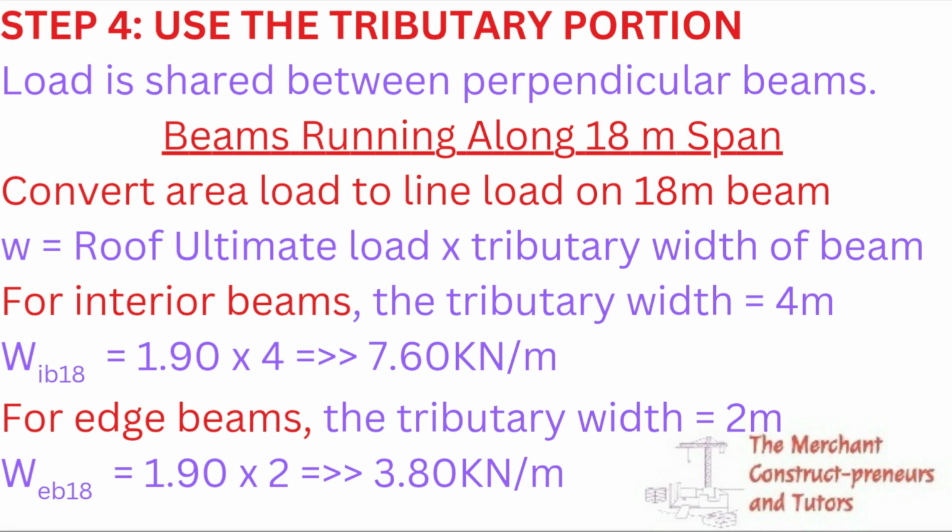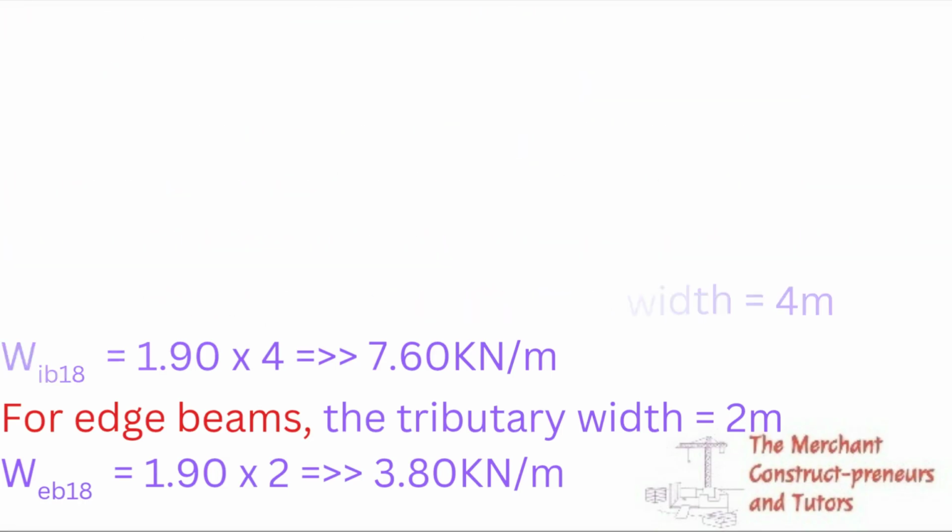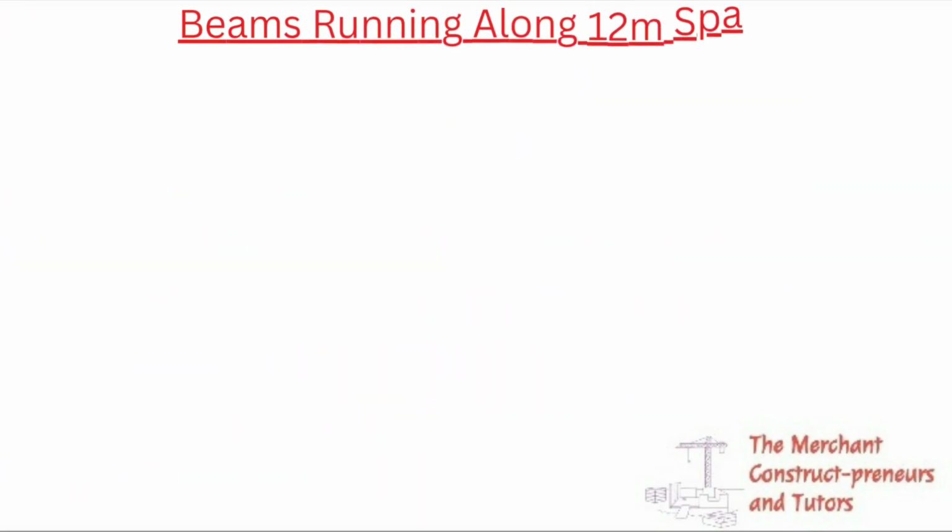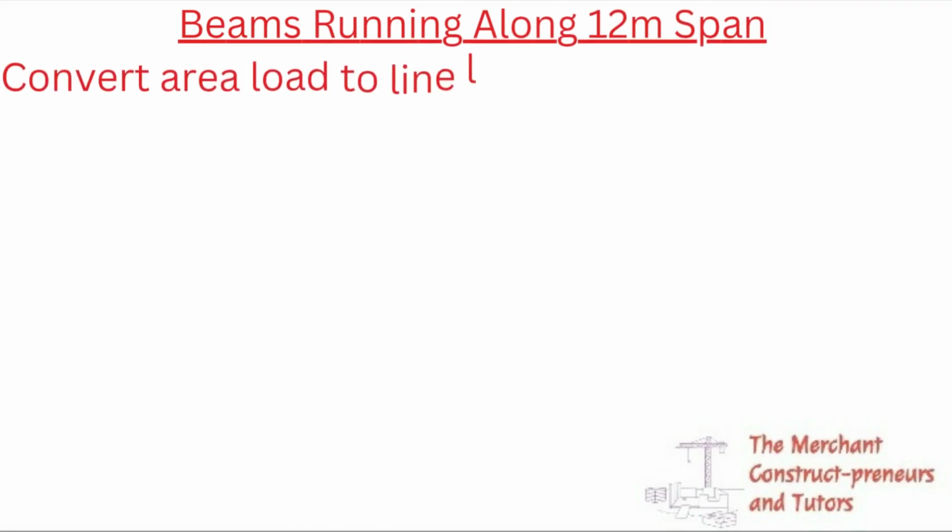The reason why I say it's 4 meters is half of the load from the roof is going to the beam on 2 sides, so that's why it is 4 meters. While for the edge beams, it's only from one side, 2 meters. So for the interior beams, we have 7.60 kilonewton per meter. For the edge beams, we have 3.80 kilonewton per meter.